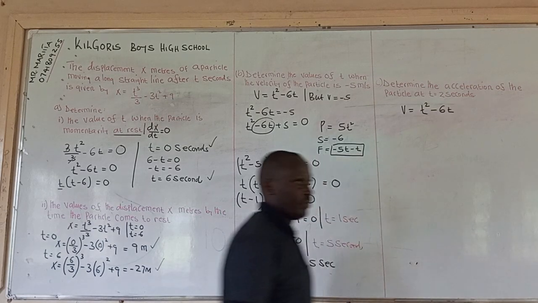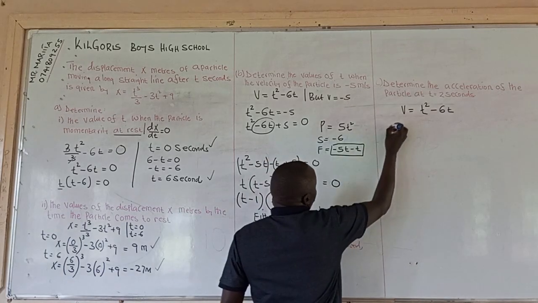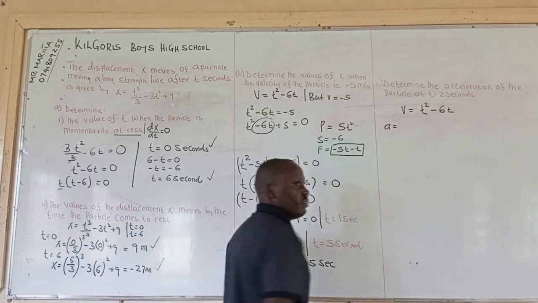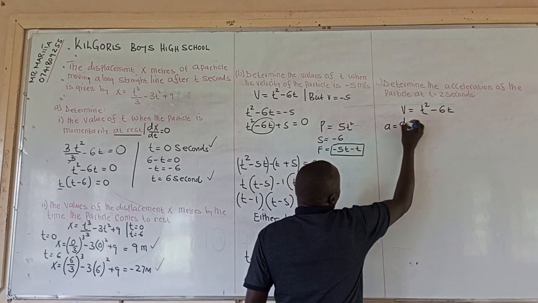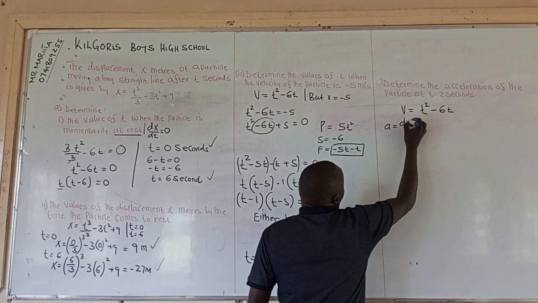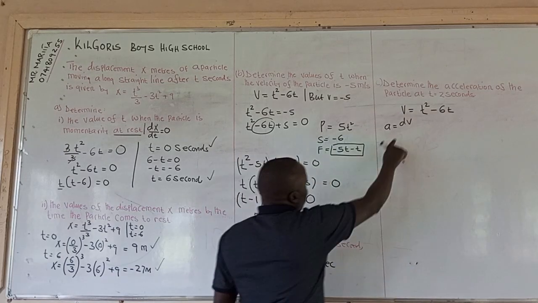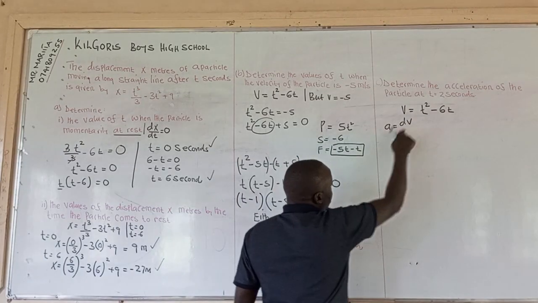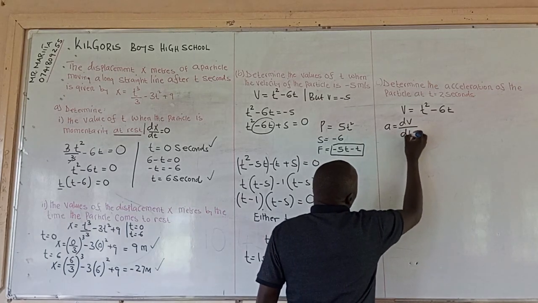This is our velocity. To get the acceleration from here, that is our a, it is the derivative of this velocity. So it means that we have the derivative dv with respect to t.